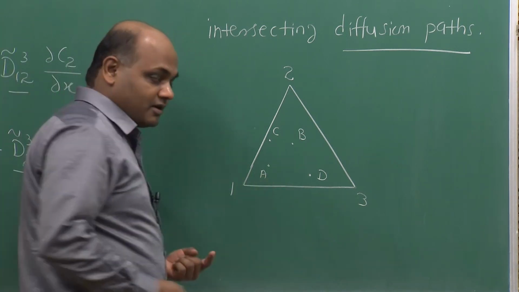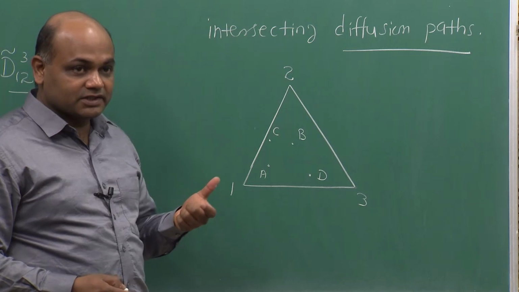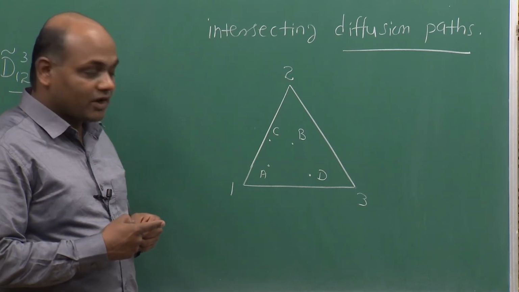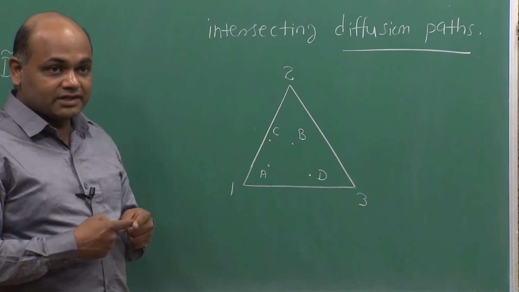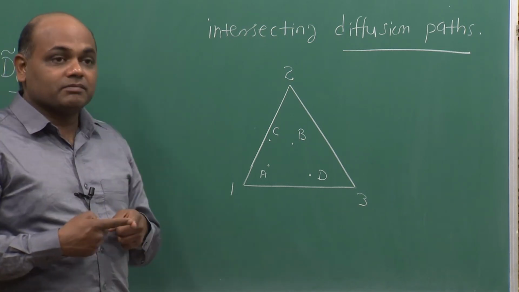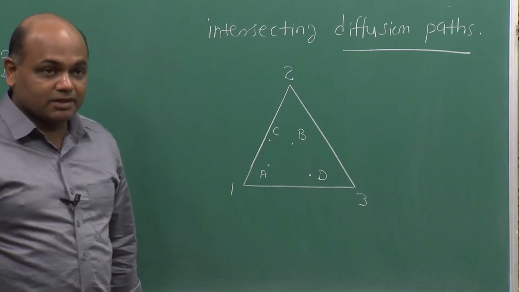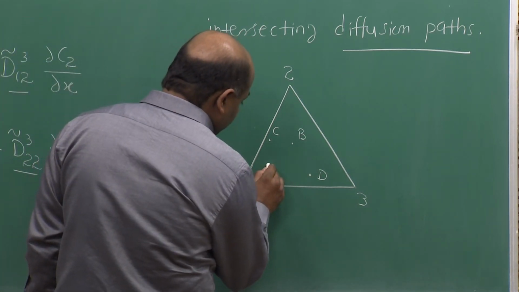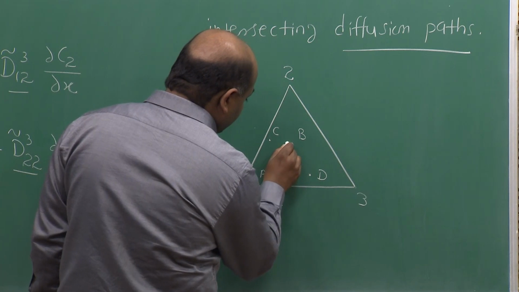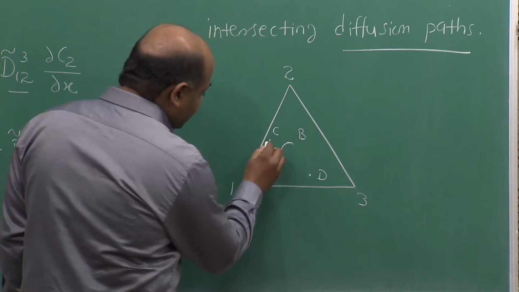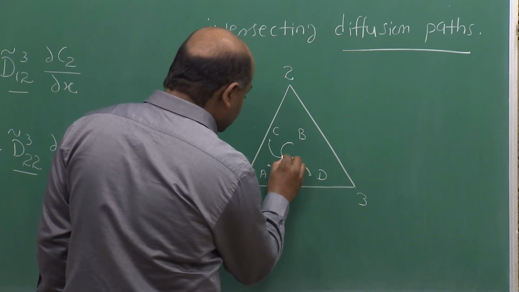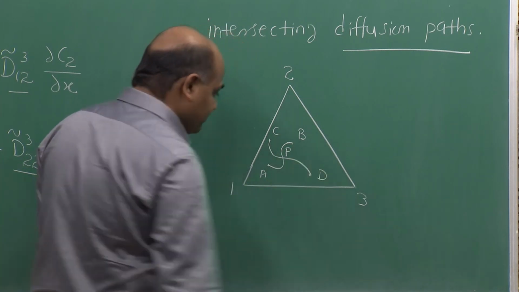So, if I prepare the two diffusion couples such that the straight lines joining the two terminal alloys intersect, there is a high possibility that the diffusion paths of the two will intersect. So, both of them will develop S-shaped diffusion paths and they will intersect at some composition. Let us denote this by P.